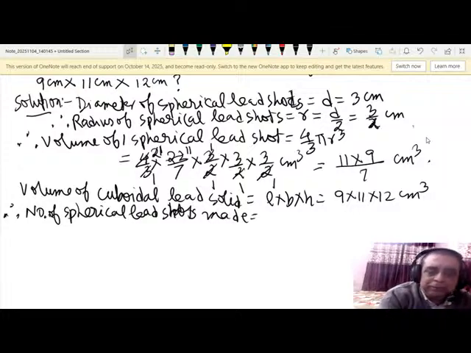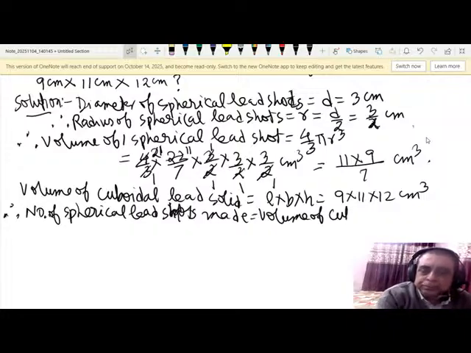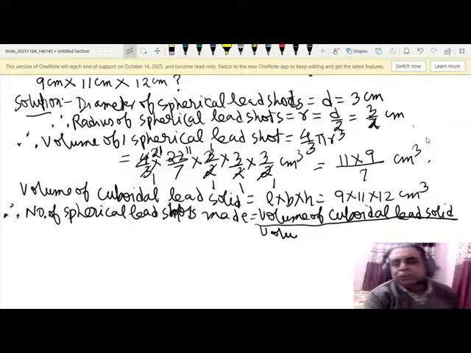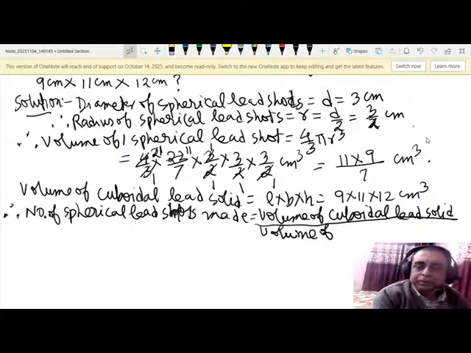Its formula will be, you divide the volume of the cuboidal lead solid by the volume of one spherical lead shot. Then you will get the number of lead shots made.